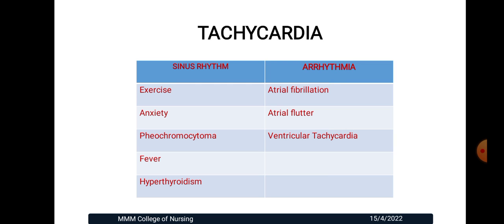In tachycardia, there are sinus rhythm and arrhythmias. Sinus tachycardia is based on exercise, anxiety, pheochromocytoma, fever, hyperthyroidism. Coming to the arrhythmias, atrial fibrillation, atrial flutter and ventricular tachycardia will occur.